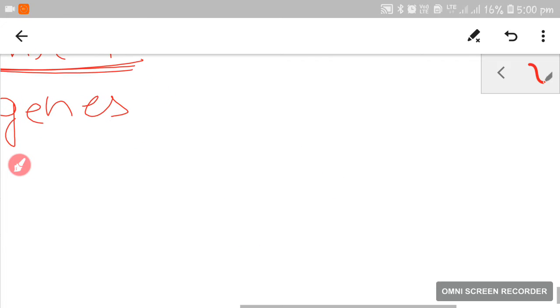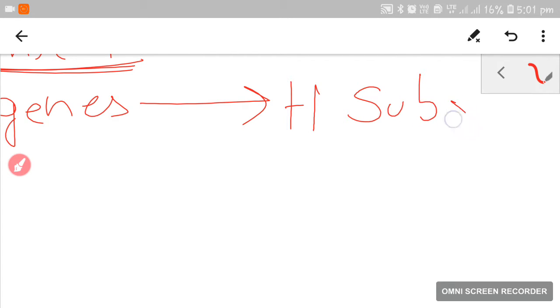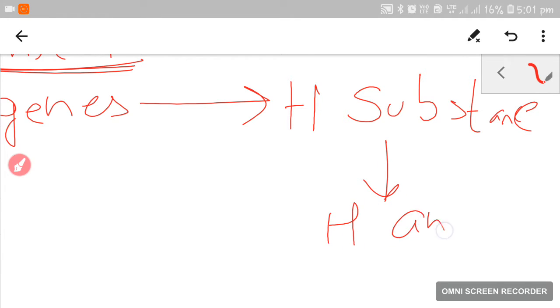encode for a protein which is known as H substance. This H substance is nothing but, you can also say, the H antigen.